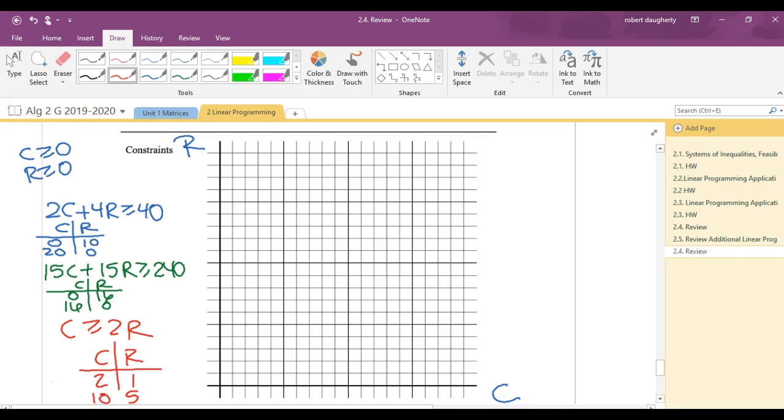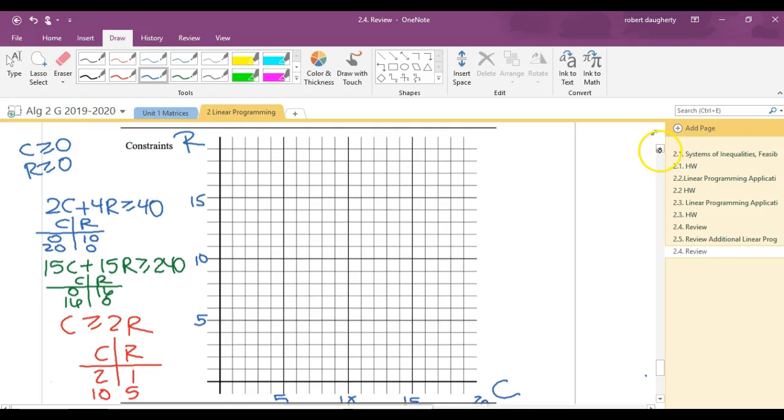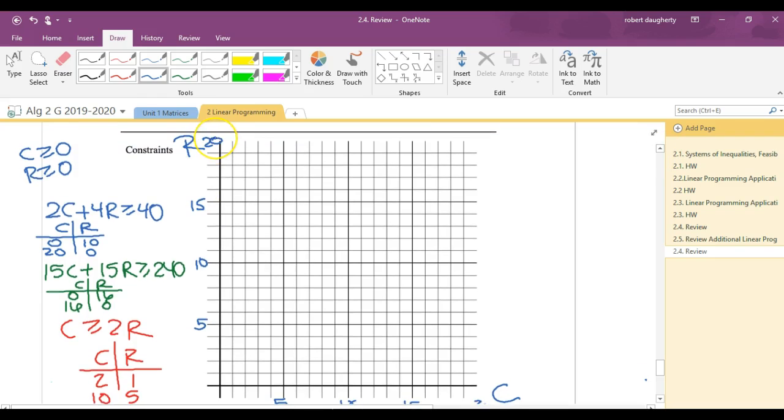And so now let's figure out where we go from here. Okay, looks like I need to scale my axes up to 20 in both cases. So we're going to do that by 5, 10, 15, 20, and 5, 10, 15, 20.